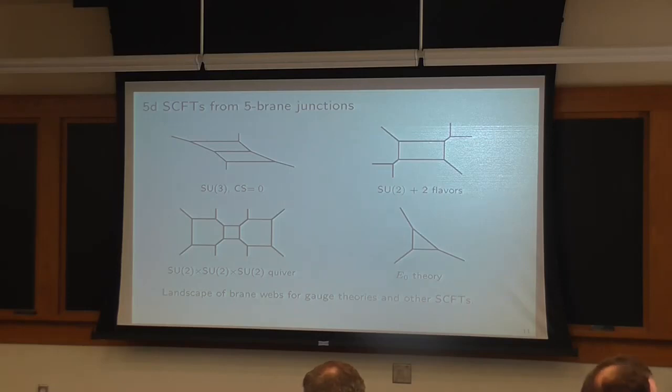Let me give an alternative perspective on this, which comes from field theory, and maybe we can discuss that. So the claim for now is that any of these webs engineers a field theory. What I have down here is a quiver theory. Now this has 3 stacks of 2 D5s. So here's 2 D5s, there's 2 D5s, there's 2 D5s.